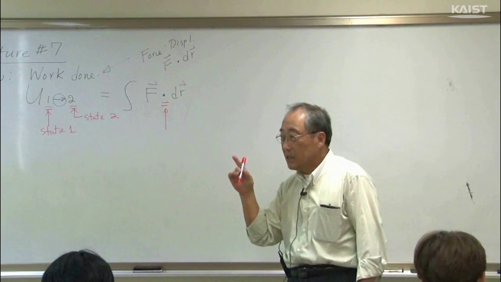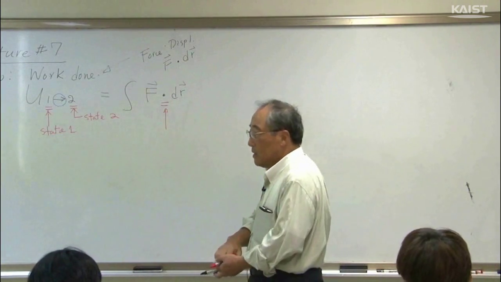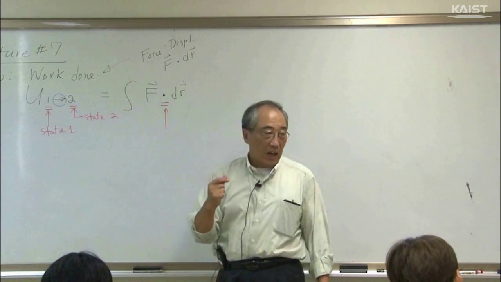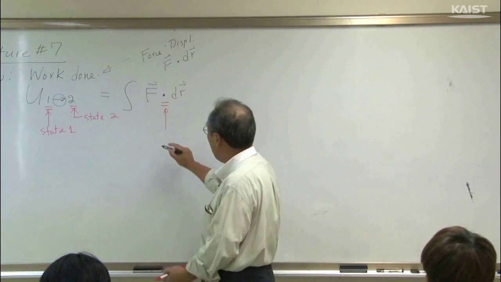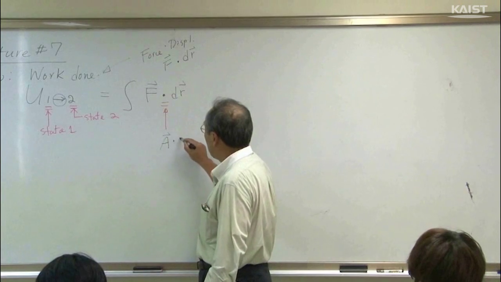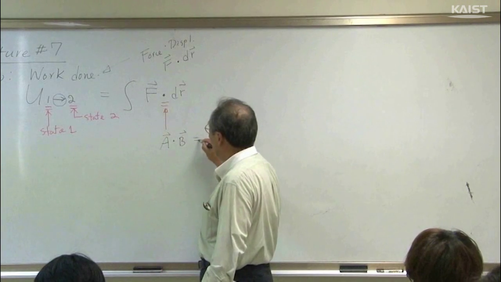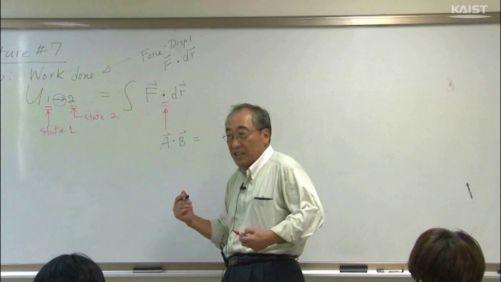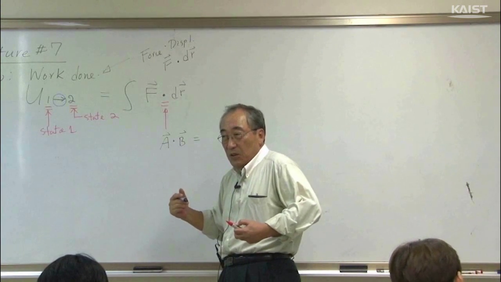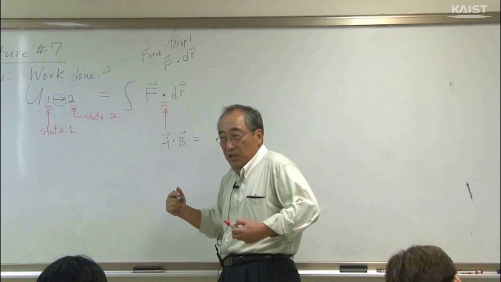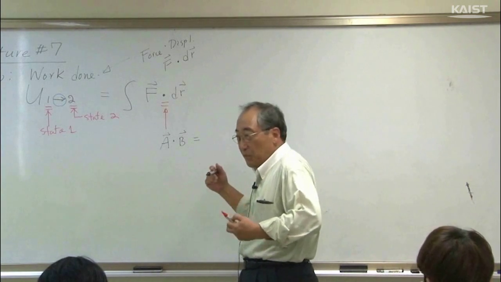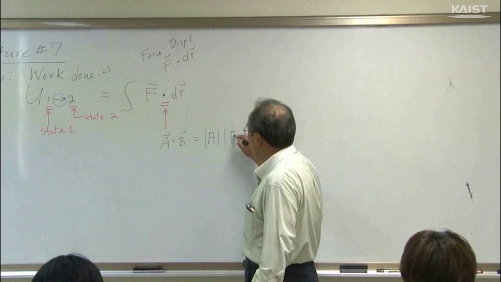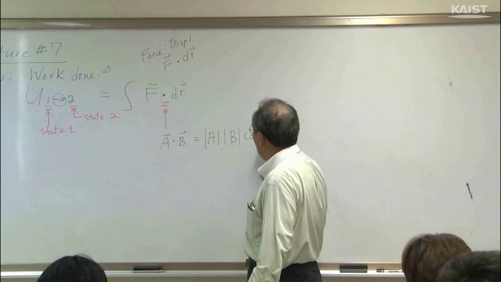The dot, by definition, say, for example, if I have A vector dot B vector, then we remember, not realize, not really experience, but we remember that can be written as the A magnitude and the B magnitude and cosine theta.